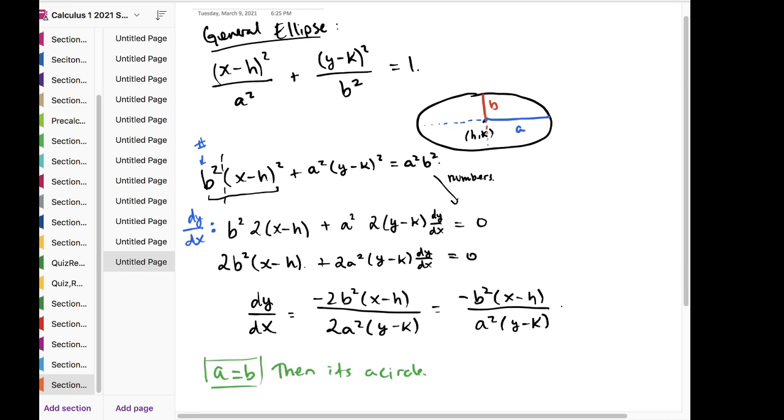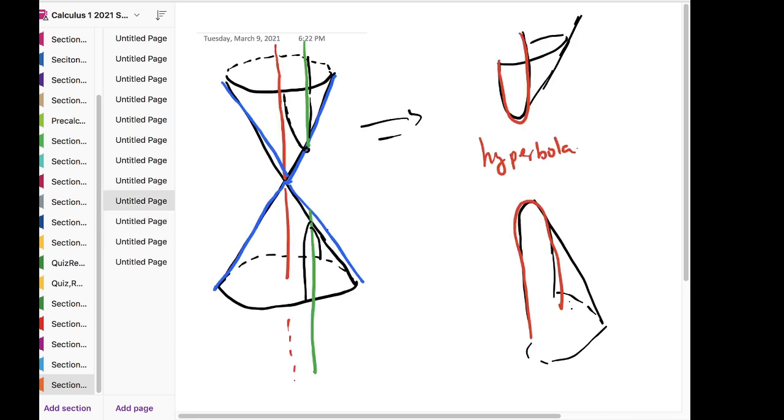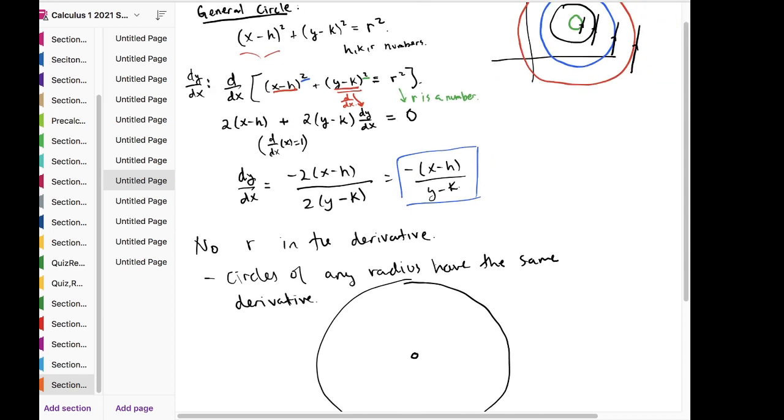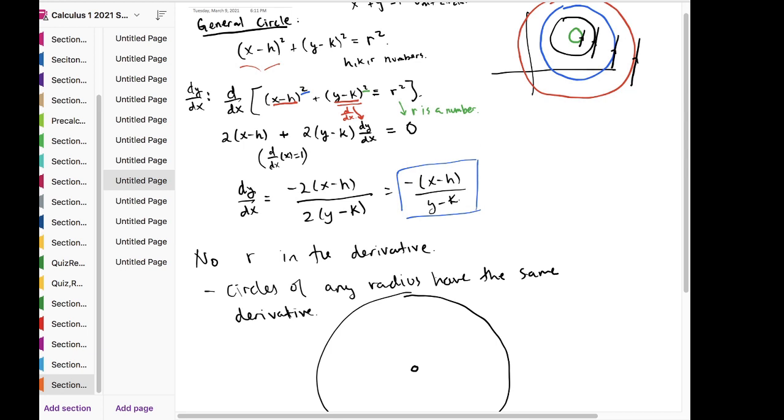Notice in the ellipse, these two terms here don't disappear. If a was equal to b, then these would disappear, and we get what we had before for the circle. Remember, in that case, they were 1, or they already canceled out because we didn't have any terms there.